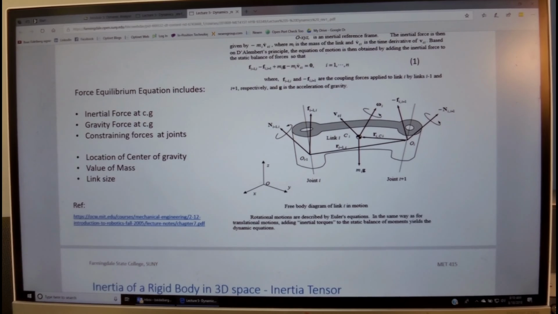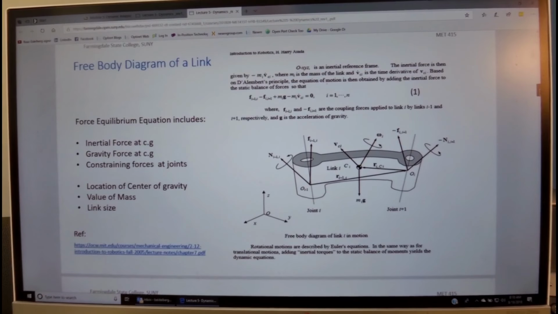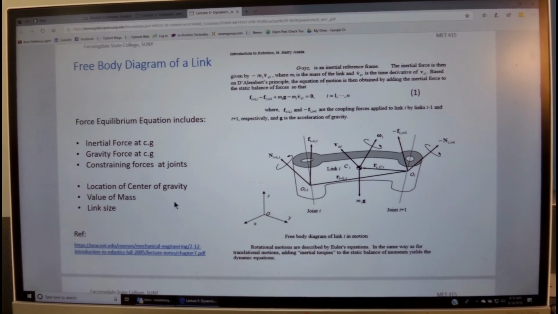This is an example of a more rigorous way of formulating what we just discussed. It's taken from a reference over here of an MIT EDU. You can click on that and see the entire description. We thank MIT for these contributions, and we will refer to it as a basis to understand how we develop the dynamic equations for robots.